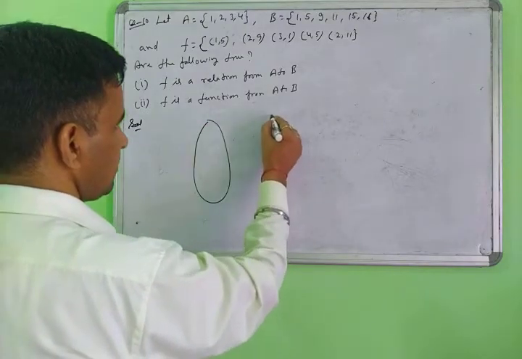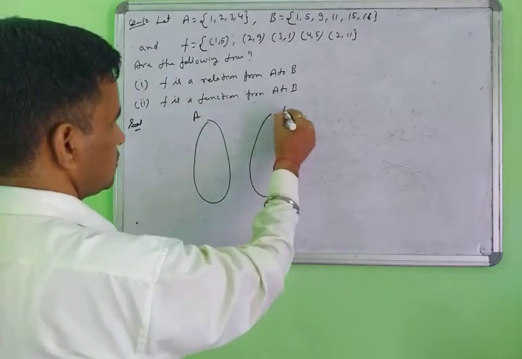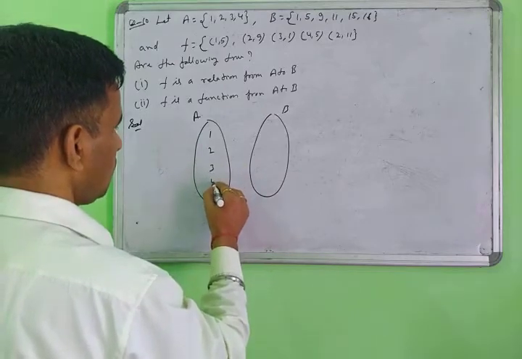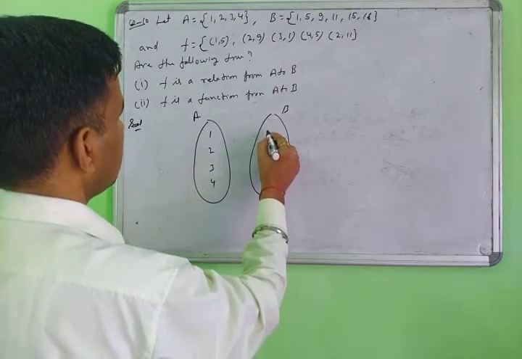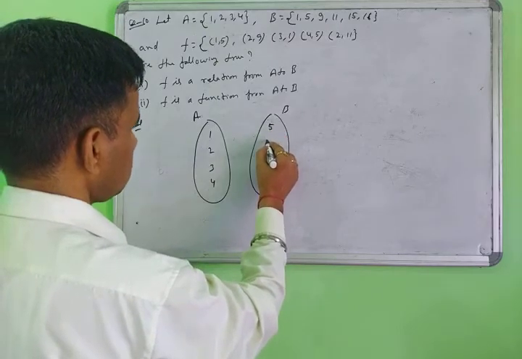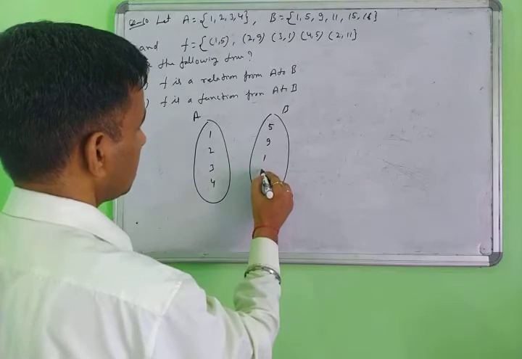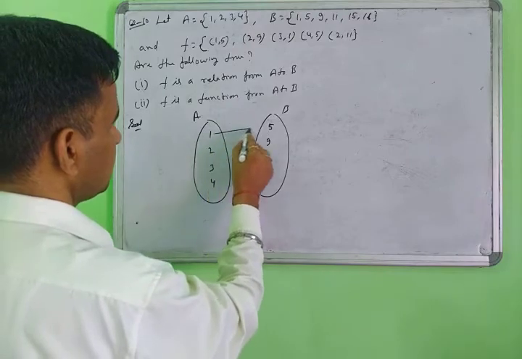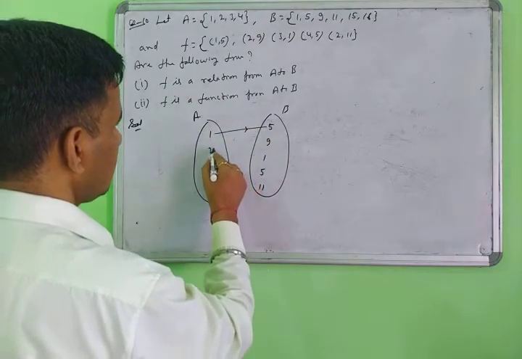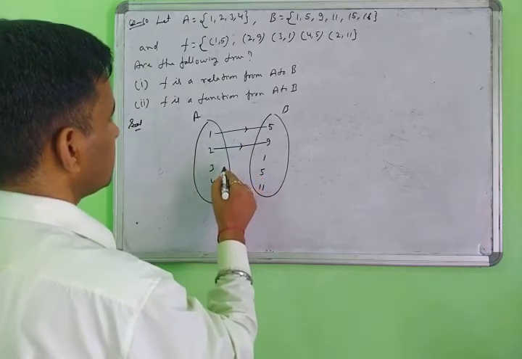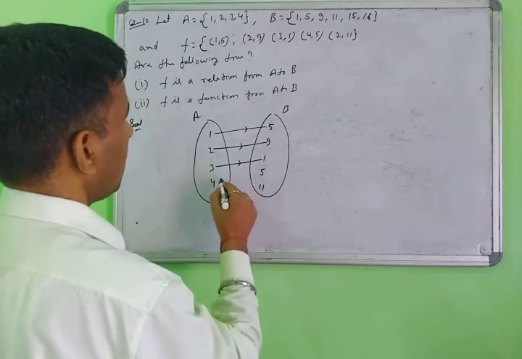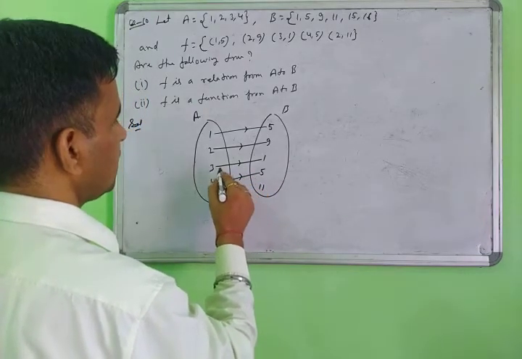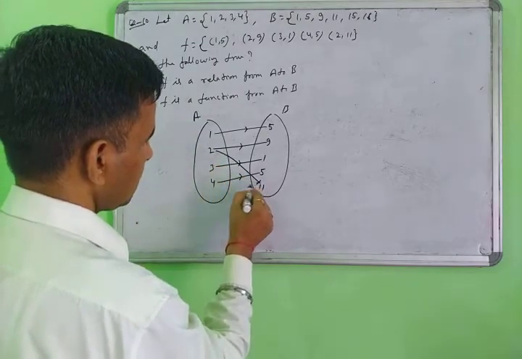This is the mapping from set A to set B. 1, 2, 3, 4 are here, and 5, 9, 1, 5, 11. 1 is mapped to 5. 2 is mapped to 9. 3 is mapped to 1, and 4 is mapped to 5, and 2 is also mapped to 11.